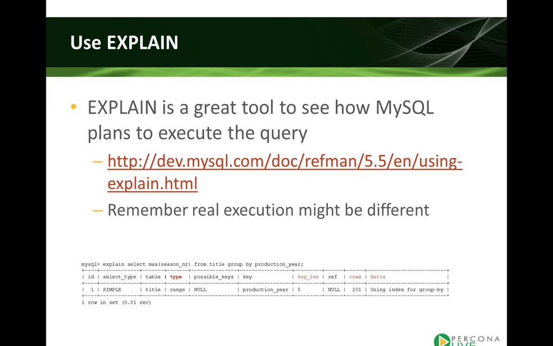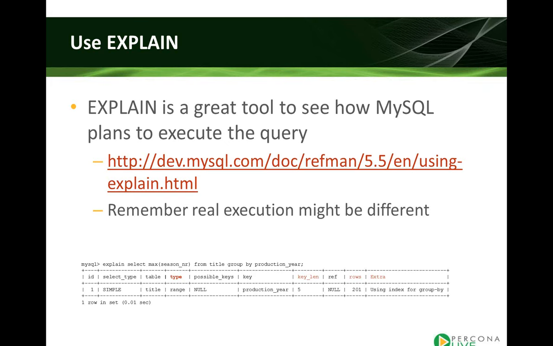So I mentioned in a few cases, okay guys, check how your queries are executed. Well, how exactly do we do that? We do that by looking at EXPLAIN. EXPLAIN is pretty well documented in the MySQL manual, and frankly, talking about EXPLAIN itself would take a whole hour if I did it at any reasonable level of detail.